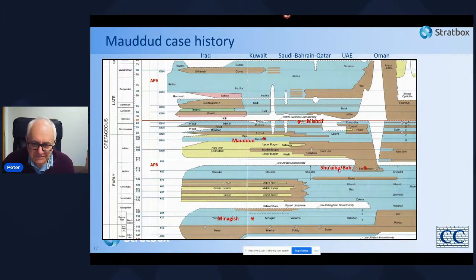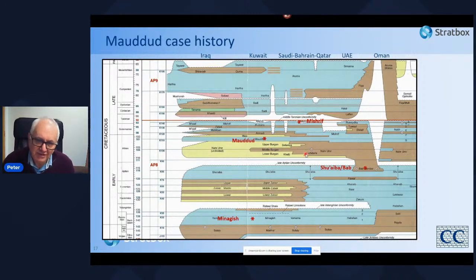Okay, I now want to move up stratigraphy again. We have another major supersequence boundary, the late Aptian unconformity. And then we have another episode of clastic progradation generated from the Arabian Shield. And we then get back into a more carbonate dominated succession throughout the Albian and the Cenomanian.